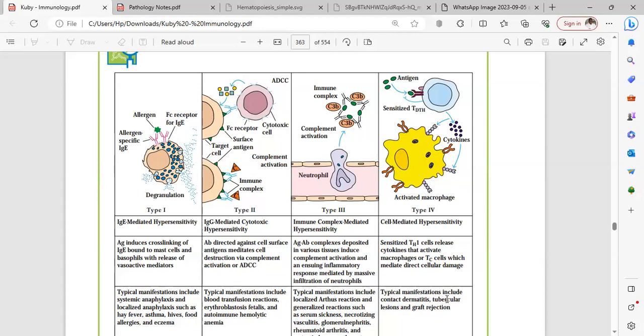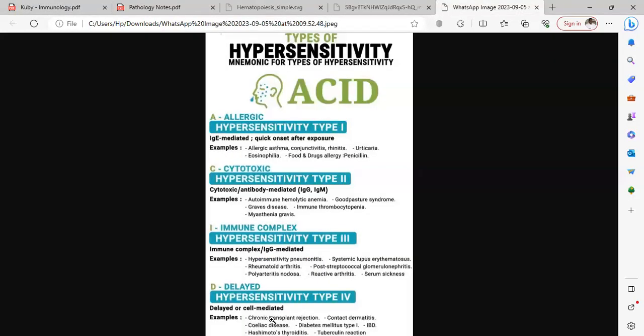So examples we have said are TB and graft rejection, which is a good point because we are going to transplantation immunology. Other examples we've seen are DM type 1, Hashimoto's, celiac disease, and chronic transplant rejection.